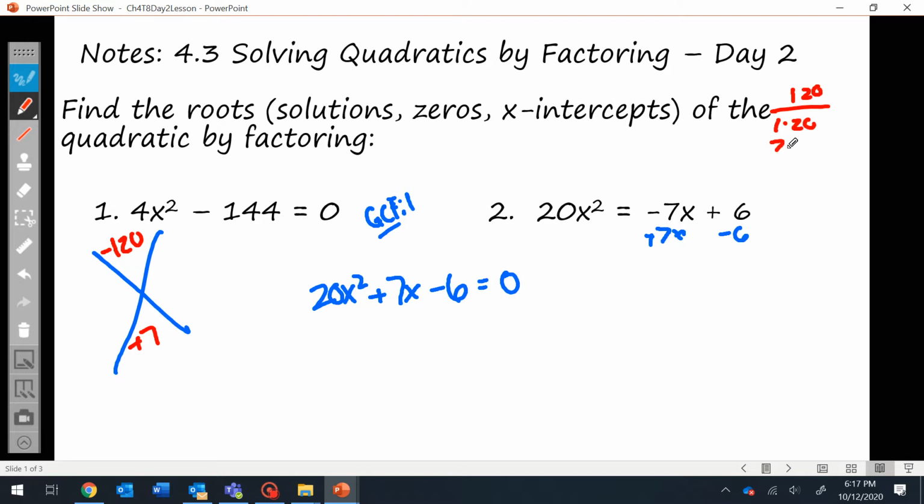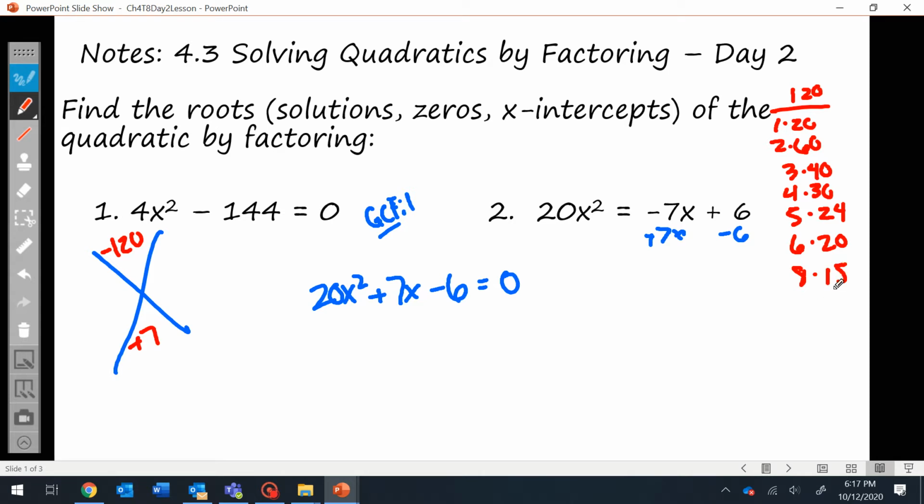1 times 120, 2 times 60, 3 times 40, 4 times 30, 5 times 24, right? Yeah, 5 times 20 is 100, 5 times 4 is 20. Okay, 6 times 20, alright, 7 I don't think goes in, 8 goes in 15 times?